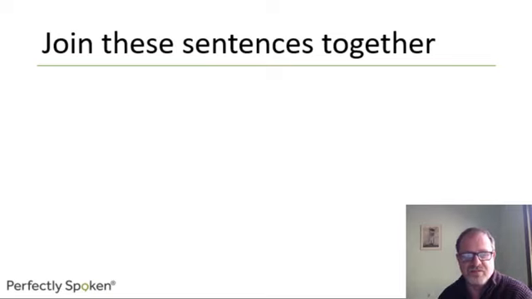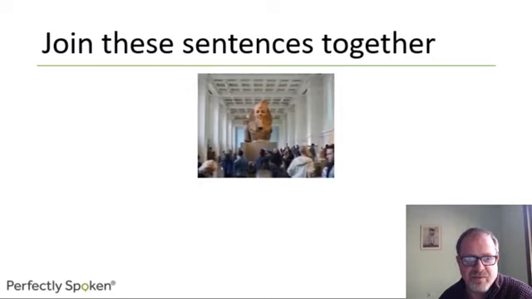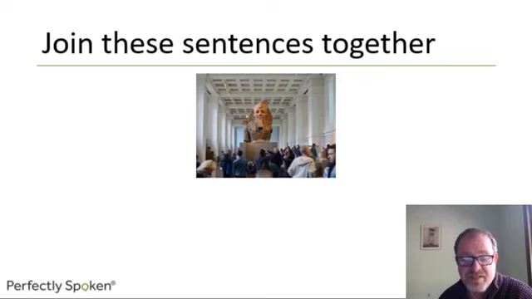Okay, so let's try and put some sentences together. Obviously, relative clauses, we use them when we're combining essentially two sentences into one, just with non-defining, just with defining. So here's an example. And this is the British Museum in London. Again, I visited this with my daughter most recently over Christmas.